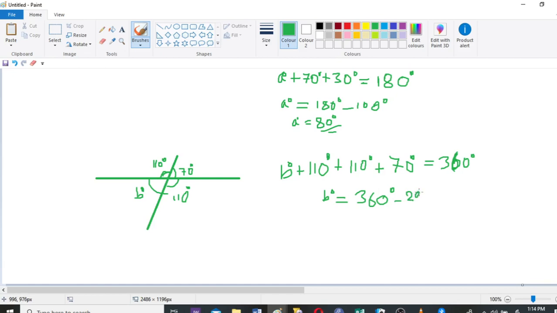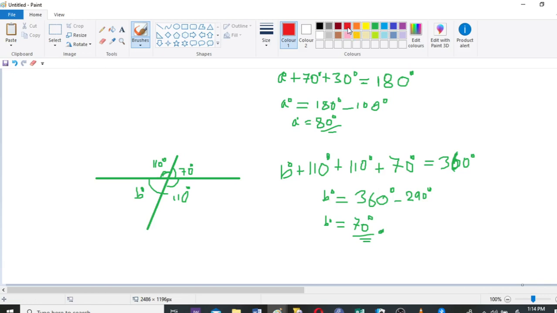So you are subtracting 290 from 360 to find the size of this remaining angle, which will give you 70 degrees. I wanted you to also remember this concept of finding angles surrounding a point.